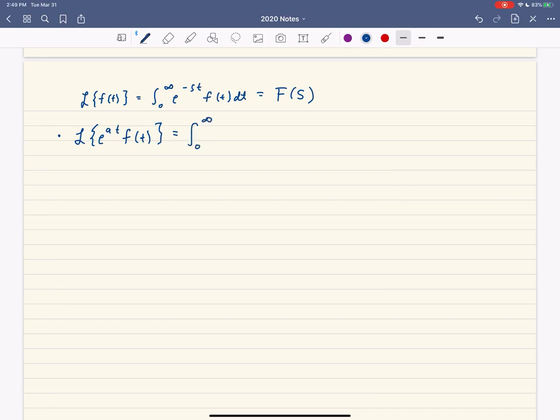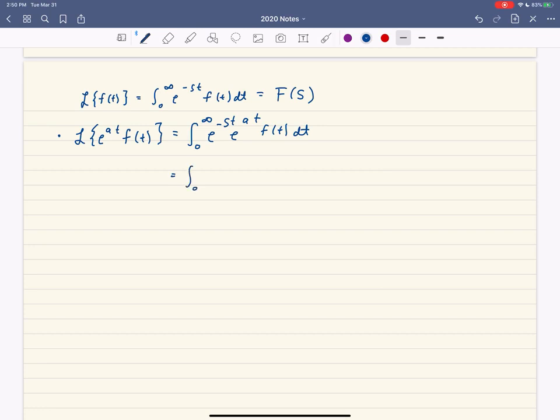So this is going to be the first transformation: multiplying the argument of the Laplace transform by an exponential. We're going to get the integral of e to the negative st, e to the at, f of t dt. This is really for any function f where the Laplace transform is defined. It turns out that I can combine the exponential terms.